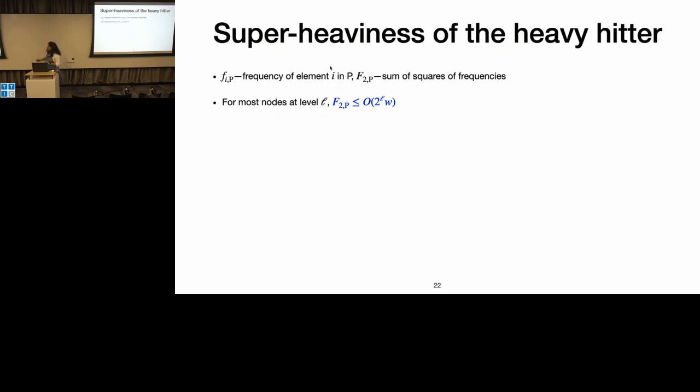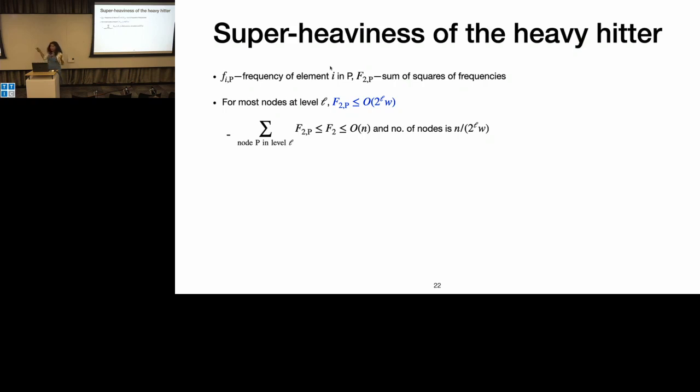But this also implies that if you look at most nodes, their F2 is going to be linear. Each node, we defined it as 2 to the L windows, and each window has size W. So you have 2 to the L times W elements in each node. My claim here is that for most nodes, their sum of squares cannot be more than 2 to the L times W. The reason is actually quite simple.